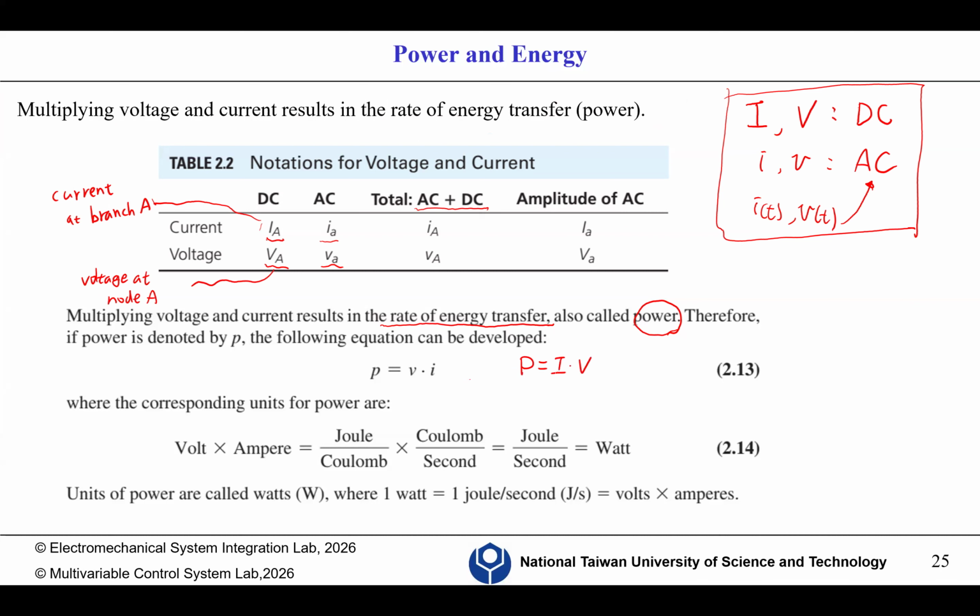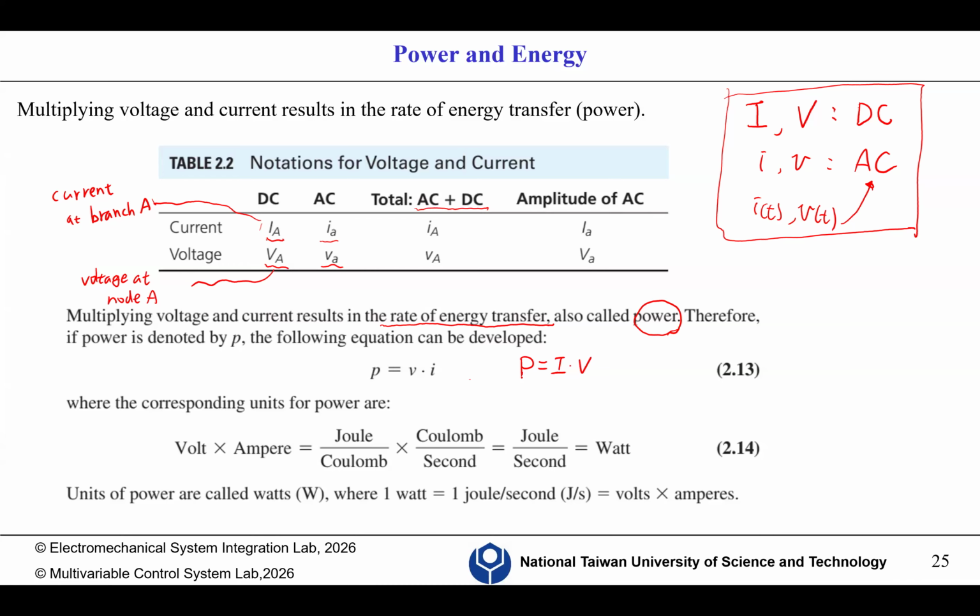The following equation can be developed. The power of an electric device, and it could be any electric device, if we are talking about a resistor, then P equals IV. You multiply the current flowing through this resistor with the voltage across this resistor to get the power of this resistor. It means how much energy it consumes in a unit time.